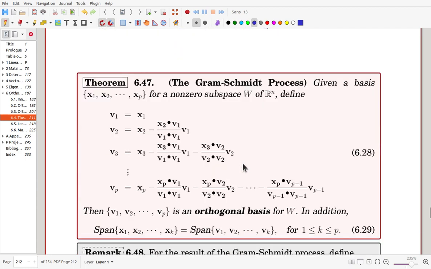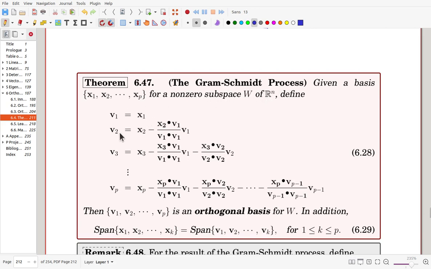Now here, we'll generalize what we did, and that is called the Gram-Schmidt process. Given a basis, that means non-zero linearly independent vectors, for some subspace of Rn, we define v1 as x1.